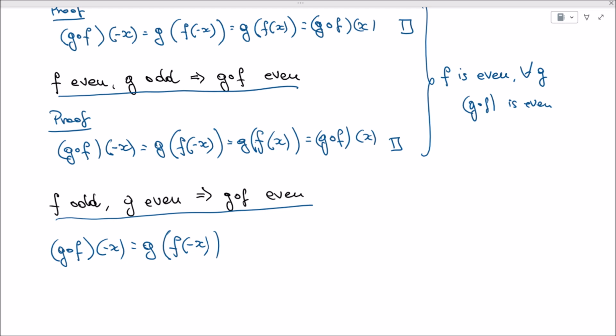But now f is odd, so this is equal to g of minus f of x. But because g is even, clearly this is once again equal to g of f of x. So the evenness of one of the two functions basically makes the whole compound function even, both if f is the only even function or g is the only even function.